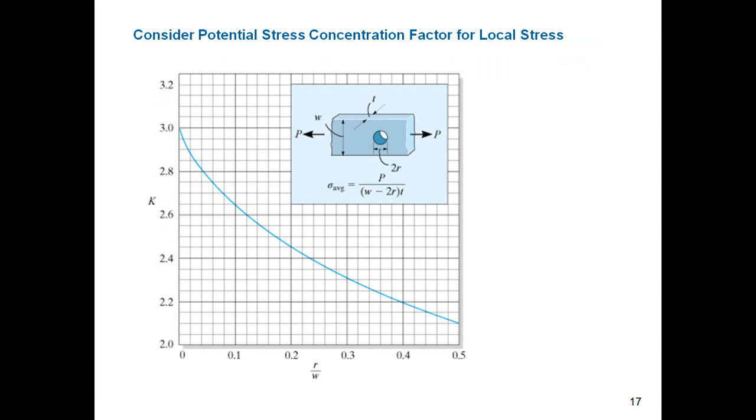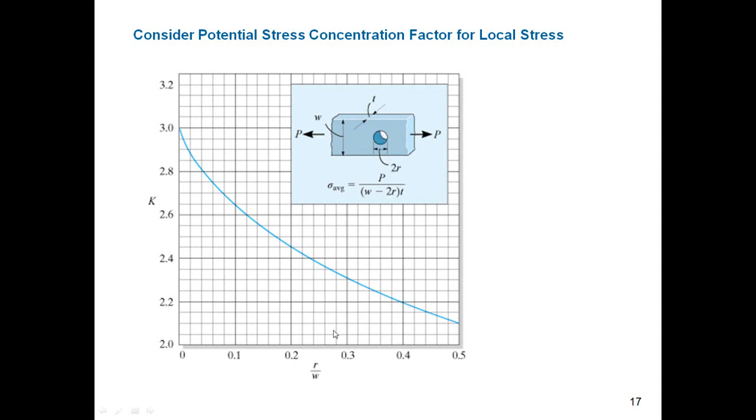Okay, let's talk about stress concentration factors a bit here, and here's just a diagram of an example where there's a hole in this bar, beam, or plate, or whatever you might call it. And there's different geometric parameters, the thickness T, width W, and then the radius of this hole.